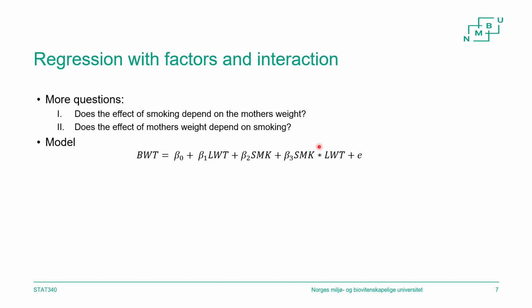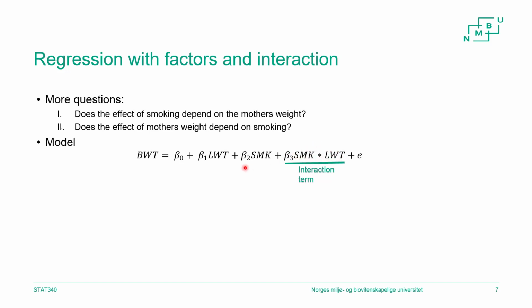And notice now how we multiply the two original terms together. We put a star here as an indicator of multiplication. And this is what we call an interaction term, where we have two variables multiplied together.